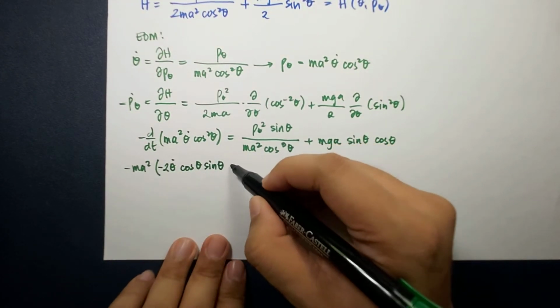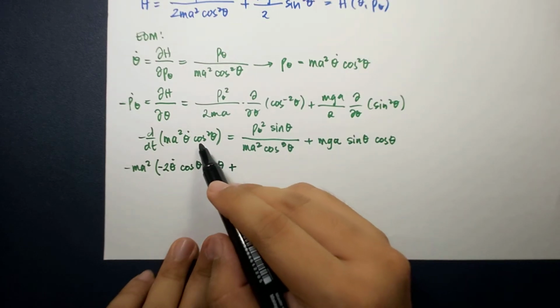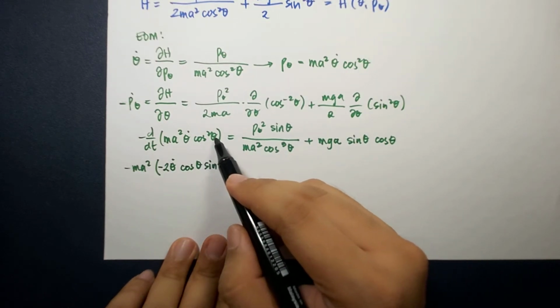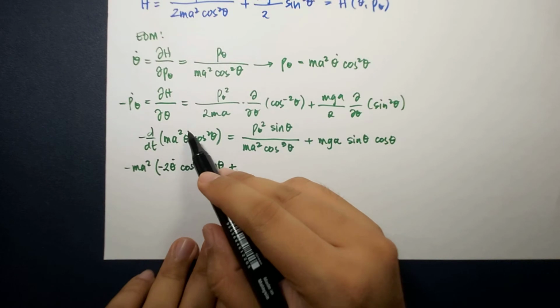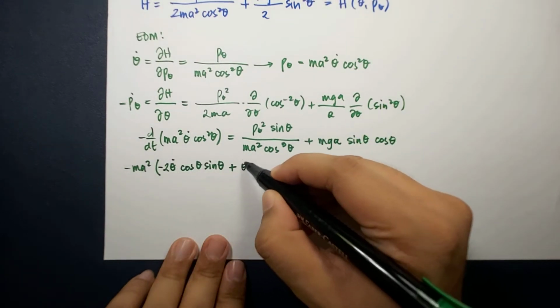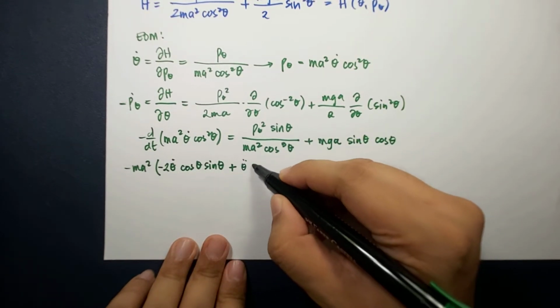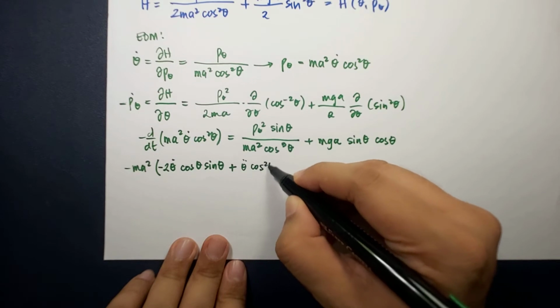Okay, so plus cosine squared theta times the derivative of theta dot with respect to time, so that's theta double dot.